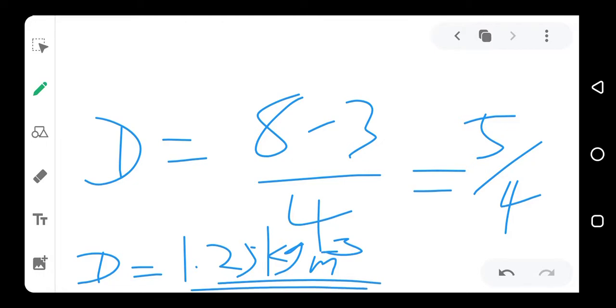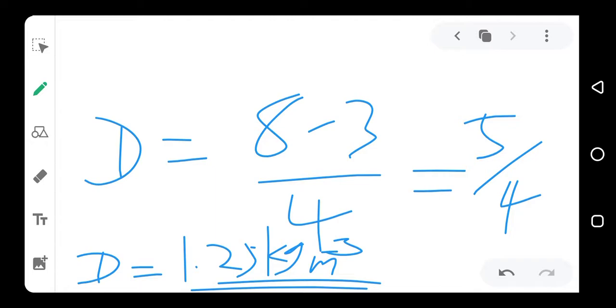This is the answer. So in this lesson, we've seen how to determine the density of a liquid and the density of a powdered substance.